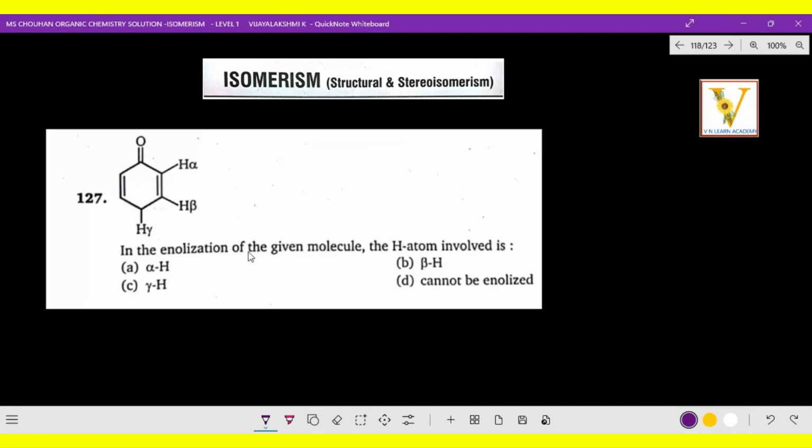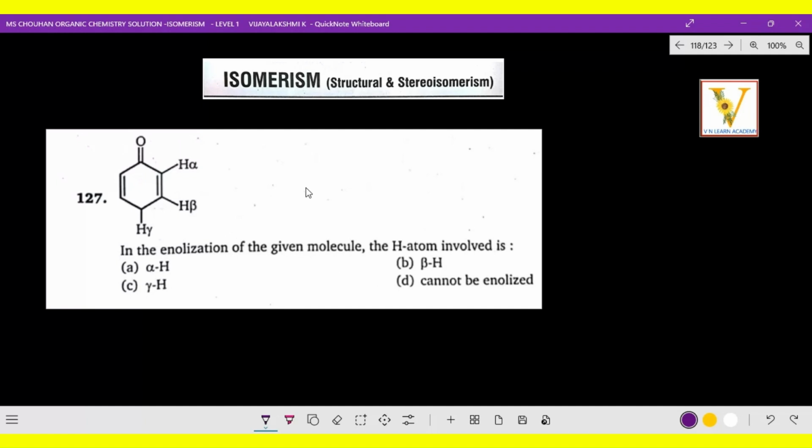In the ionization of the given molecule, which hydrogen atom is involved: alpha hydrogen, beta hydrogen, or gamma hydrogen? Here is the keto group, and a double bond on both sides like pillars. Which hydrogen is eligible to go for ionization? That is the question.